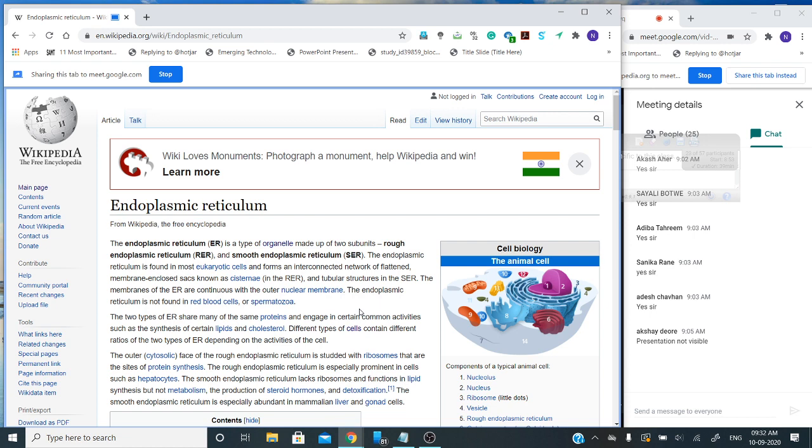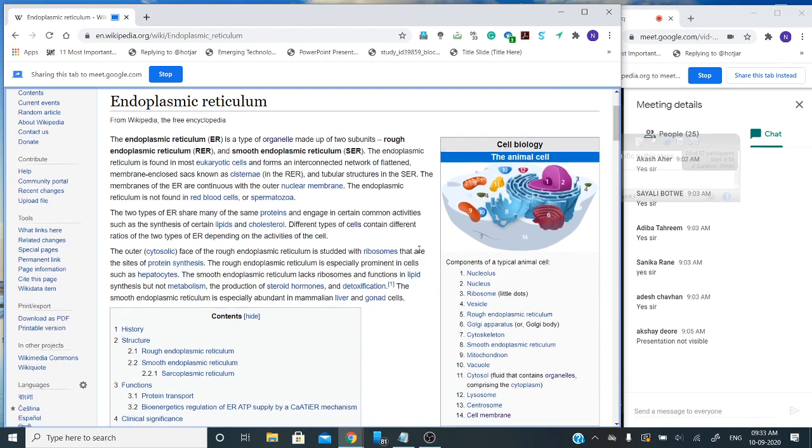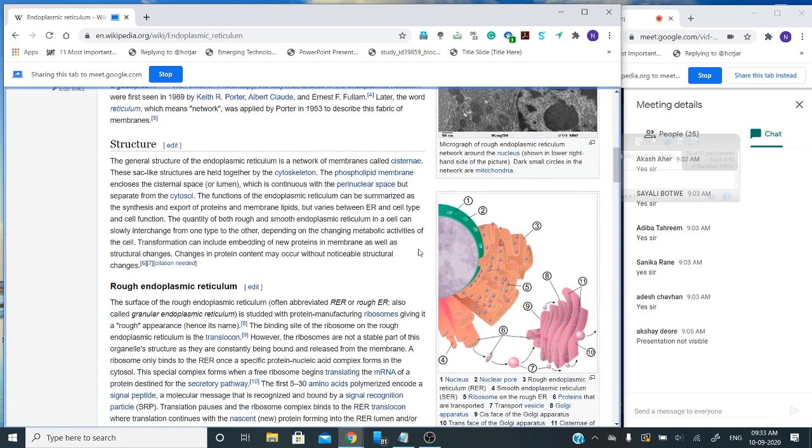Different types of cells contain different ratios of these two types, smooth and rough endoplasmic reticulum, depending upon the activity of the cell. We have seen the cis and trans portions of it. I'll not go into more detail of the structure because you have studied it in physiology earlier, but you can go through it and understand it.